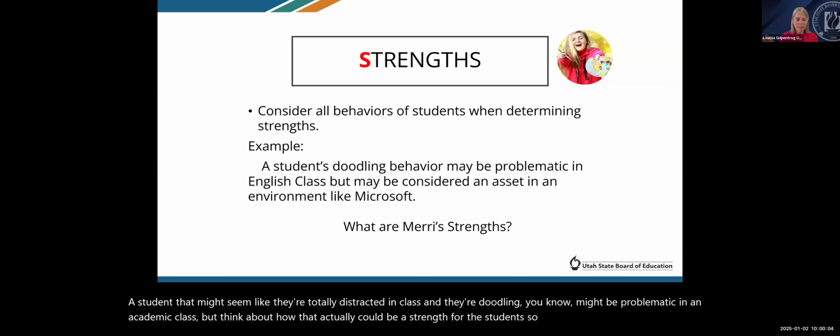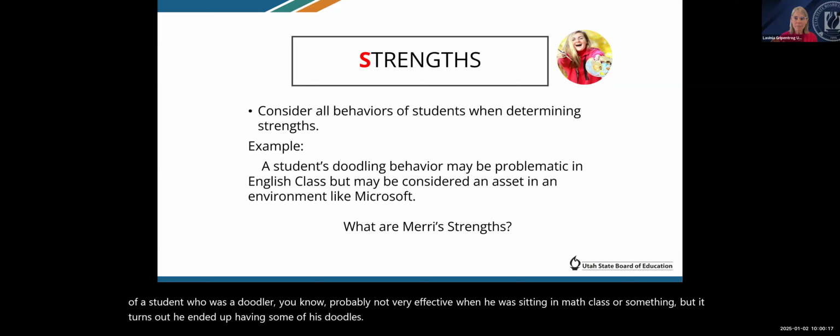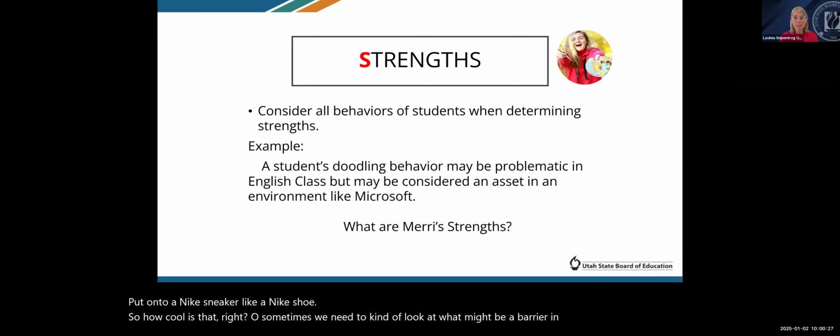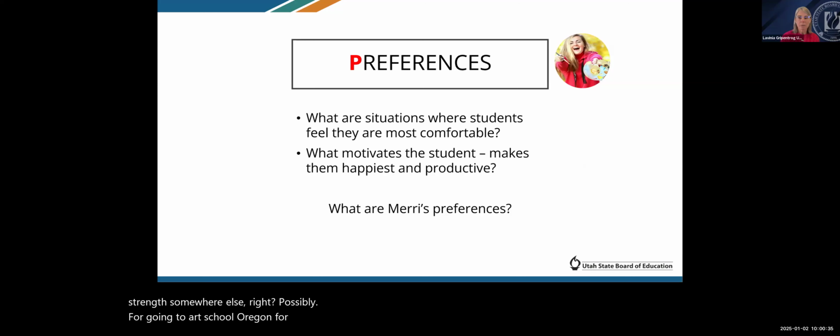So I just read an article the other day of a student who was a doodler, probably not very effective when he was sitting in math class or something, but it turns out he ended up having some of his doodles put onto a Nike sneaker, like a Nike shoe. So, how cool is that, right? So sometimes we need to kind of look at what might be a barrier in a school setting is actually a strength somewhere else, right? Possibly for going to art school or for having a job that is related to that skill. What are her preferences?